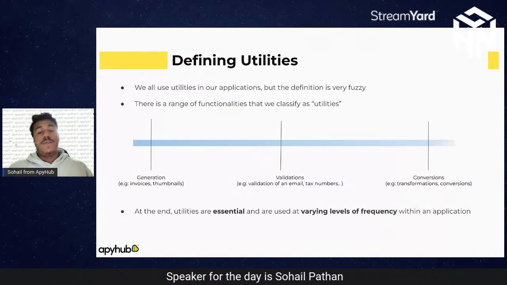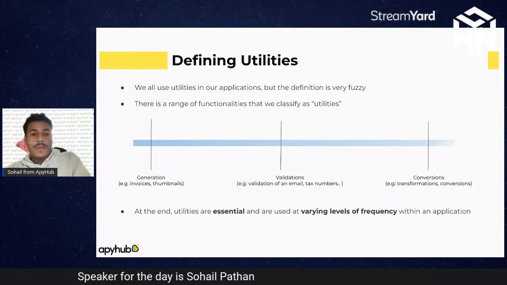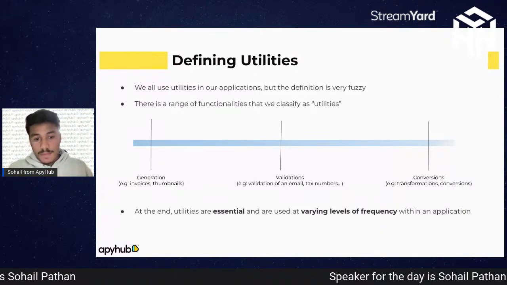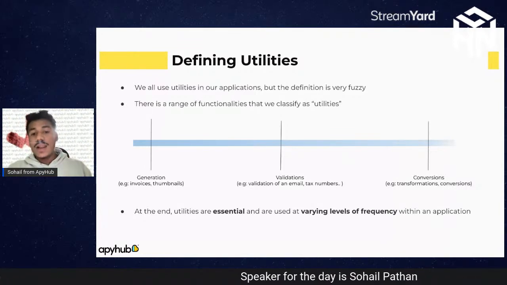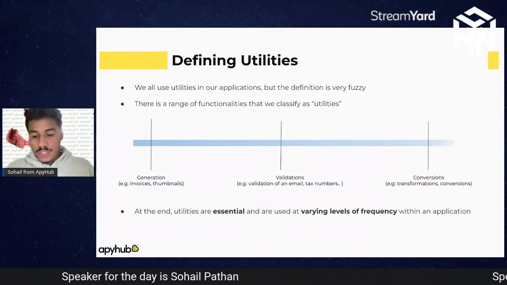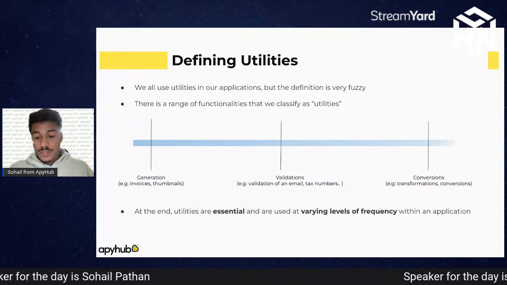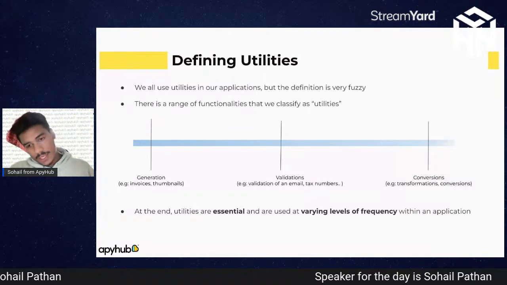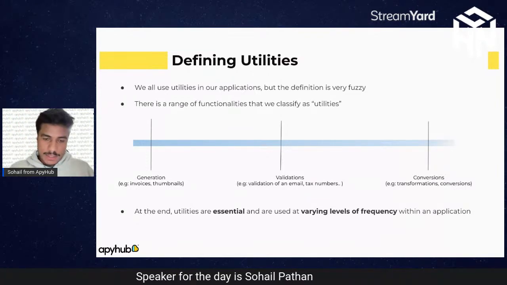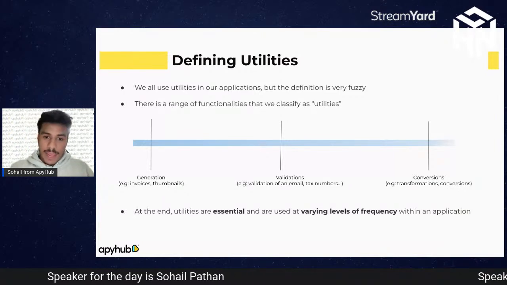So when we go through this whole process, you get to know that utilities are very essential. That's why you see on the board, it's essential, and it actually varies in frequency within an application. I believe you might build an application for student databases, or for library management, right?